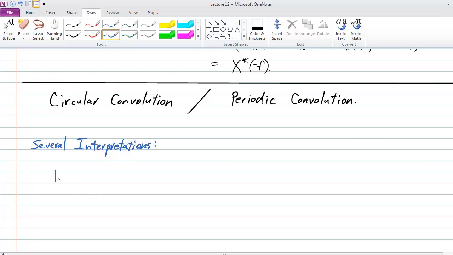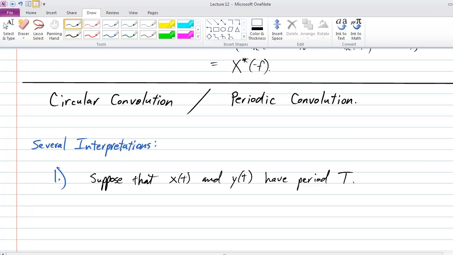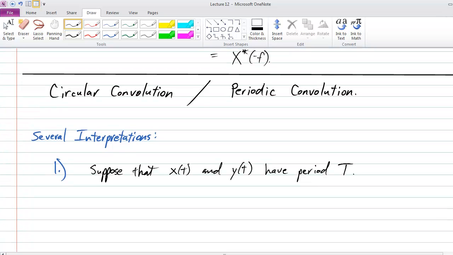So 1, suppose that x of t and y of t are periodic with the same period. Now we want to define a convolution of these two periodic signals.